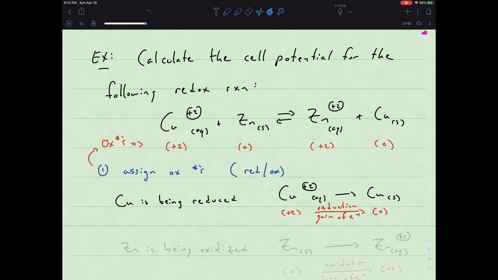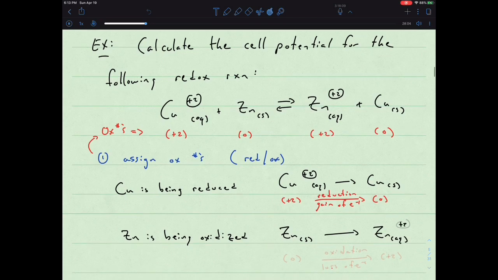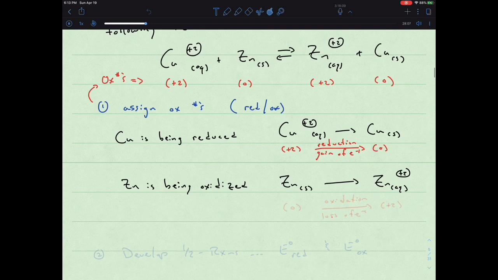And then the zinc is being oxidized, going from solid zinc to zinc +2. So we have the opposite transformation in terms of charge, in terms of oxidation change. Our copper is gaining electrons, and our zinc is losing electrons.